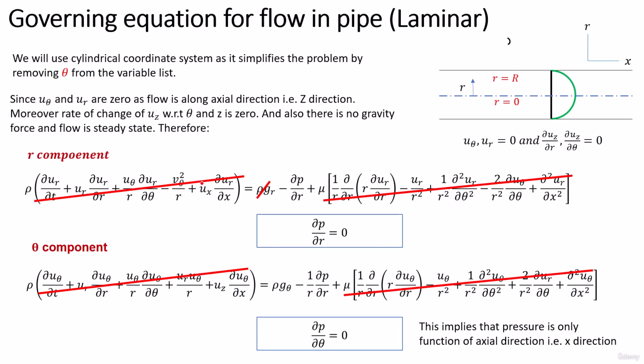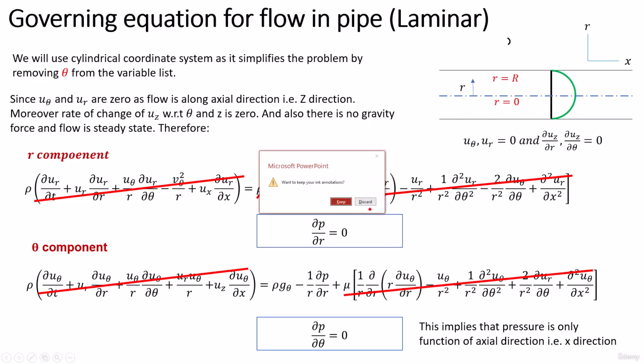Now, if I go through the r component, we know that u theta and u r are 0, because the only velocity is along the axial direction. Secondly, the gradients of the axial velocity along r and along theta are also equal to 0. There's a slight mistake here.